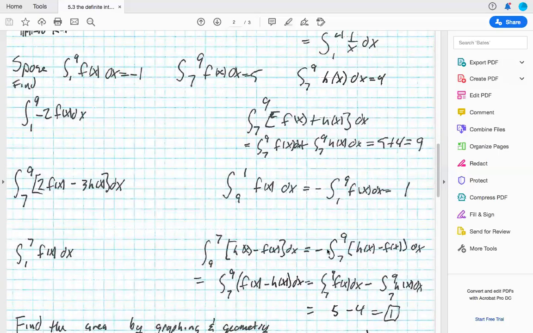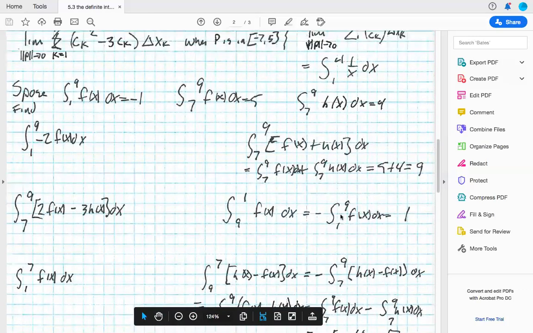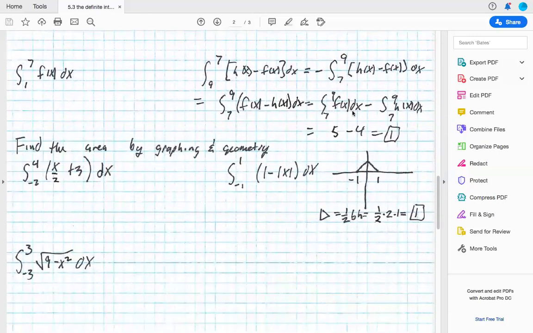When we do that, this negative goes to the f, making it positive. The negative goes to the h, making that negative. That's what we have right here. We split this integral up to the integral of f minus the integral of h. That's 5 minus 4. That's going to give us 1. Now here we want to find the area by graphing in geometry.